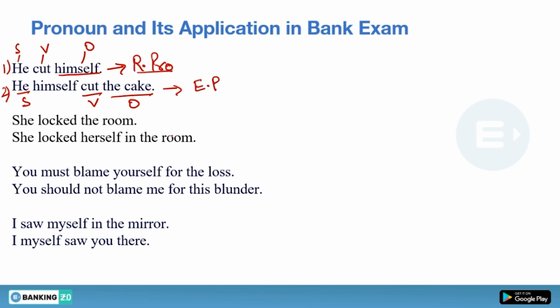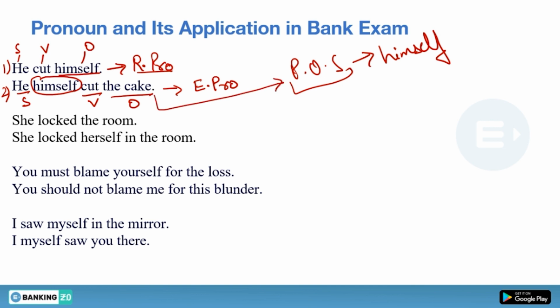This is emphatic pronoun, because himself only emphasizes he, it is not doing anything else. So what is the parts of speech of himself here? This is pronoun. But what is the function of himself in this second statement? This is functioning as an adjective.